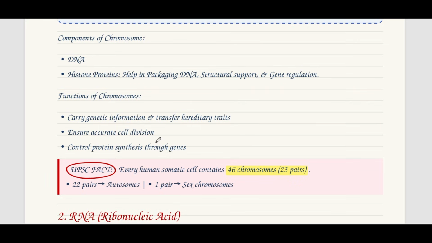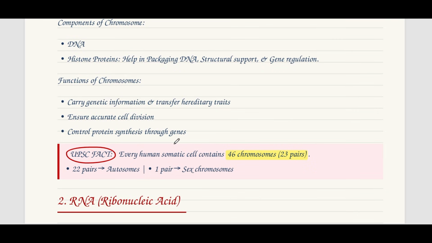What are the functions of chromosomes? They carry genetic information and transfer hereditary traits. Traits means characters, like height, weight, and all the important characters of our body. They also ensure accurate cell division and control protein synthesis through genes.